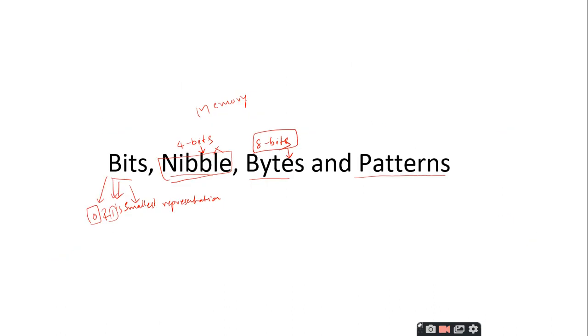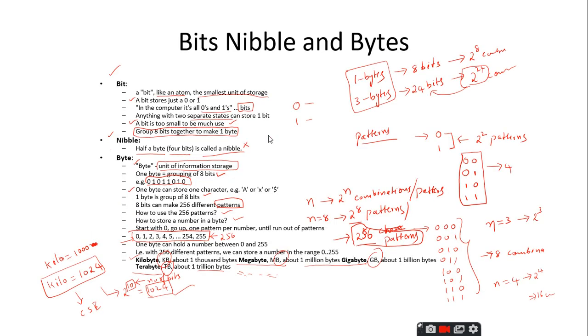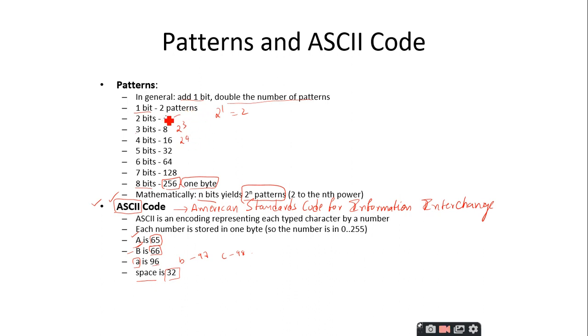Let us have a quick recap of what we have discussed in today's session. We discussed the concept of bits, which is the smallest representation of storage or memory. A combination of 4 bits we call a nibble, a combination of 8 bits we call a byte, and we have different patterns, giving various combinations based on the number of bits.